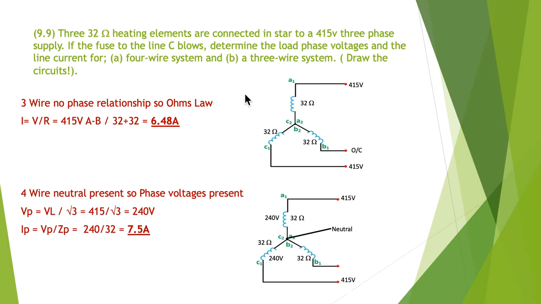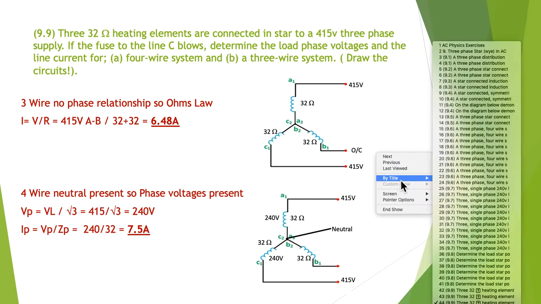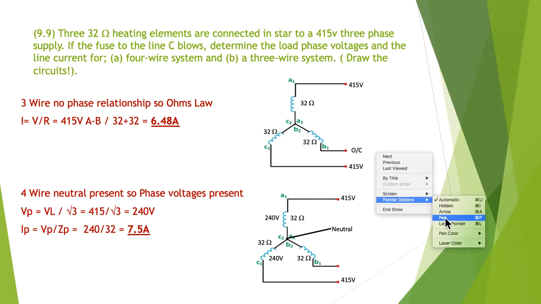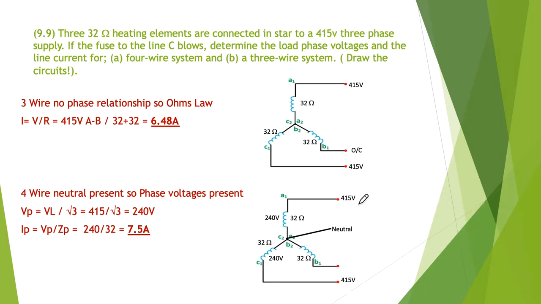So what happens when we have a 4-wire system? It's similar, but a little bit different. Let's look at our second diagram here. You can see I've now included the neutral. We've still got 0 volts here, open circuit, 415, 415.